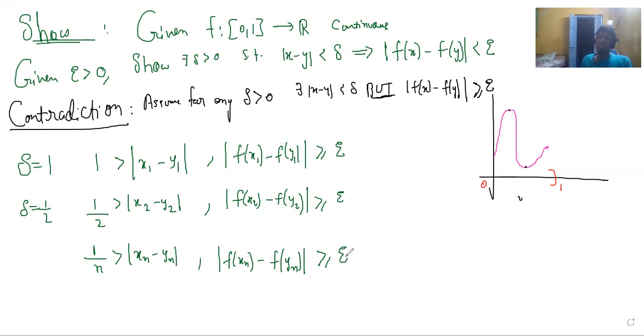But where is the contradiction? For every n, xn minus yn is getting smaller and smaller. But xn and yn are changing, right? They're also changing, that's the whole point. It's the same thing.